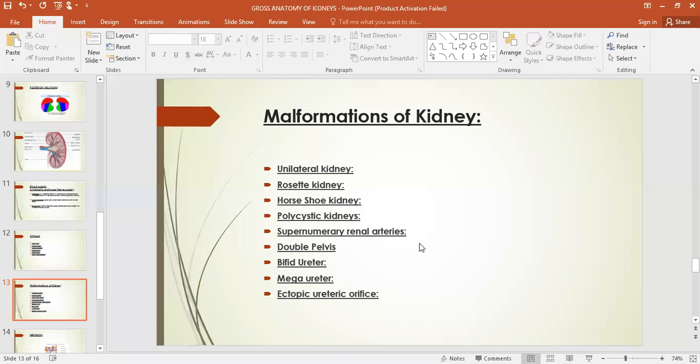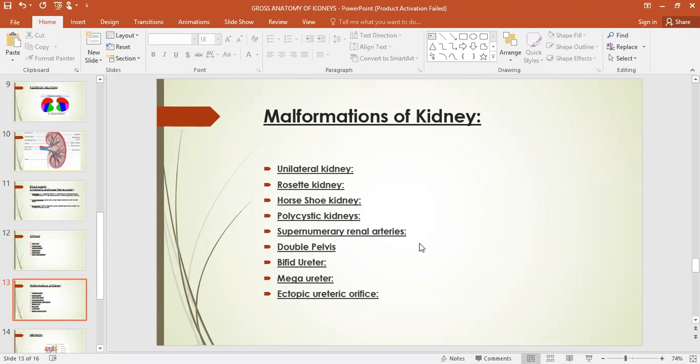The other one is double pelvis. The kidney which has a double pelvis, where these double pelvis unite to form one unit. And the other one is the bifid ureter. Bifid ureter means two ureters which take off from the kidney and join the bladder separately.